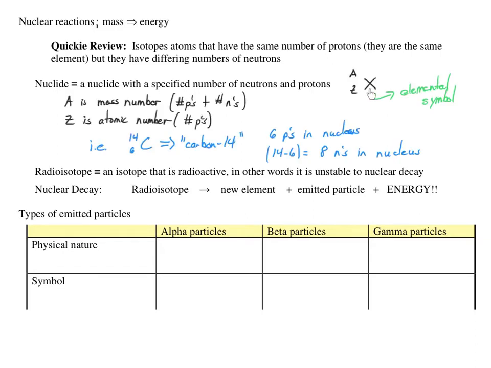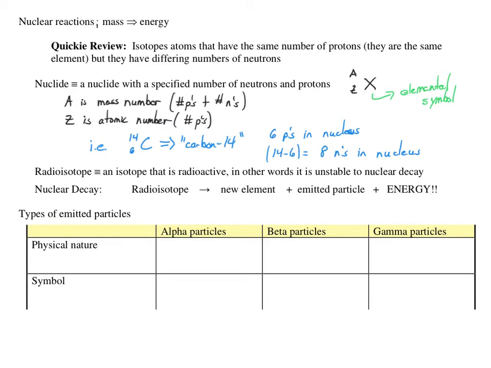We see the elemental symbol of the element, and there's a preceding superscript and subscript. The preceding superscript, A, is the mass number, which is the number of protons plus the number of neutrons in the nucleus. Z corresponds to the atomic number, which specifies the element because it gives you the number of protons that are in the nucleus.